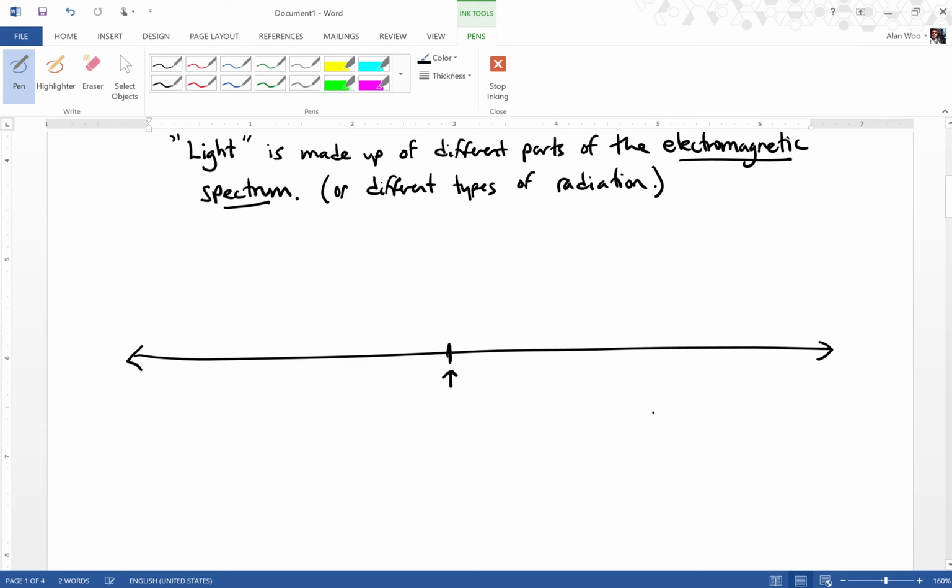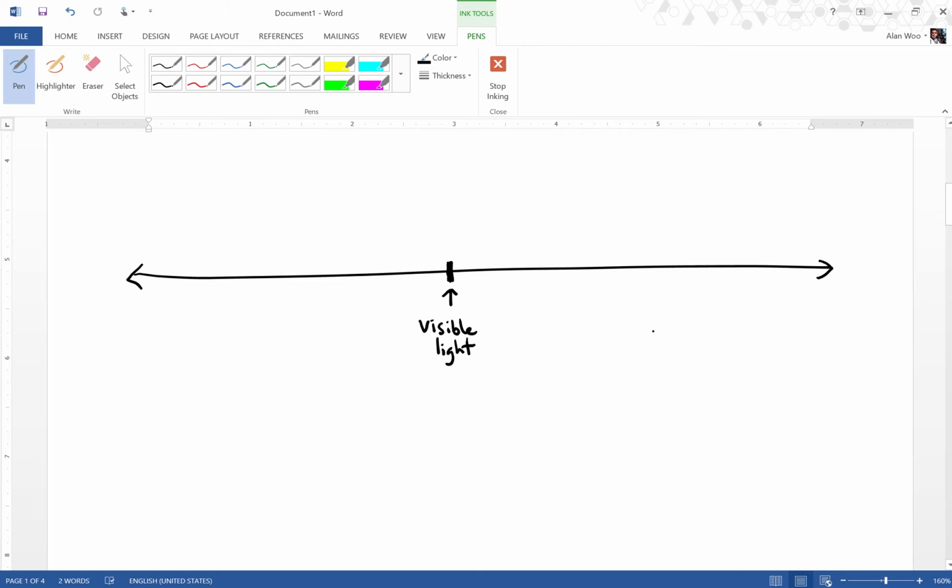So in the middle here, we're going to start off with the section of this electromagnetic spectrum that humans are able to observe. This is called visible light. I'm going to move up just a little bit.